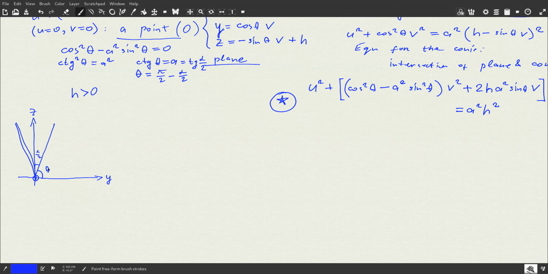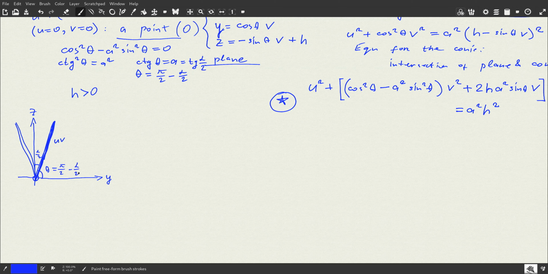Theta is the angle between the z-axis and the normal to our plane. So if this is the angle theta between the normal and z, then this means that this would be the plane itself. So our UV plane is here, in which case theta is indeed pi over 2 minus half alpha.